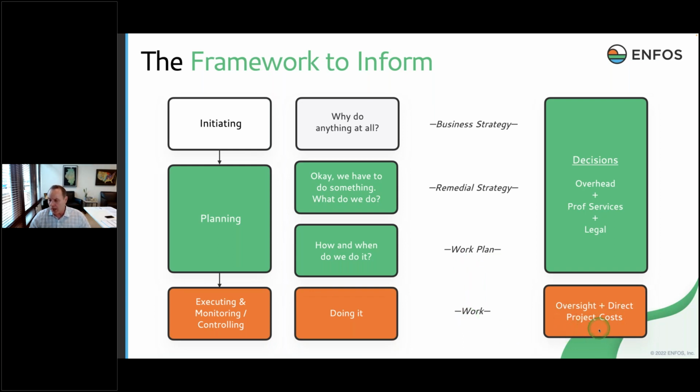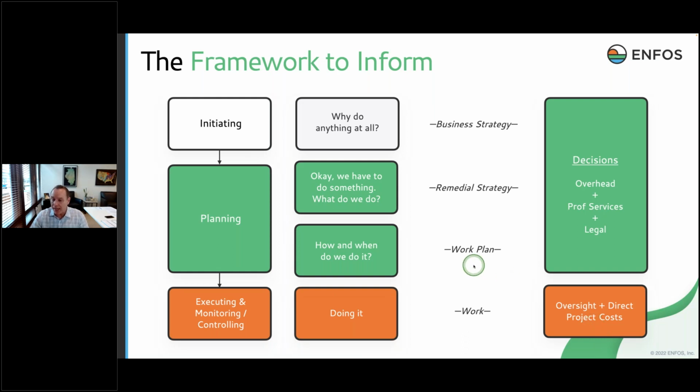The actual cost then, right? The actual cost of doing a work, that is going to be used to inform decisions and performance all along the way as we do that work, right? So my direct project costs are informing how well we're doing from a project management perspective on the work. Our costs inform the work plan, right?